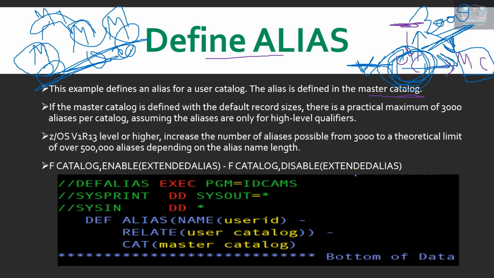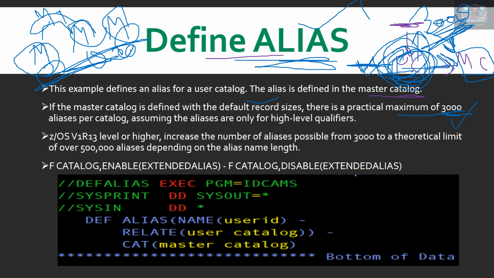If the master catalog is defined with a default record size, the maximum you can create is 3,000. Like I explained in the previous video, if you run a LISTCAT for the alias, you will see how many associated aliases are there in this user catalog. If there are more than 3,000 aliases, then you cannot create more.